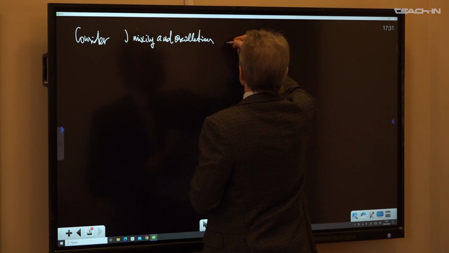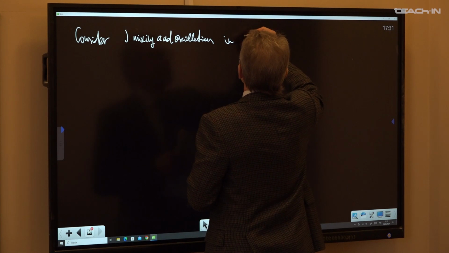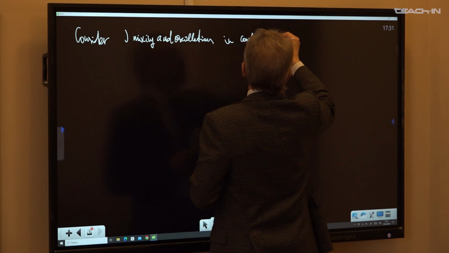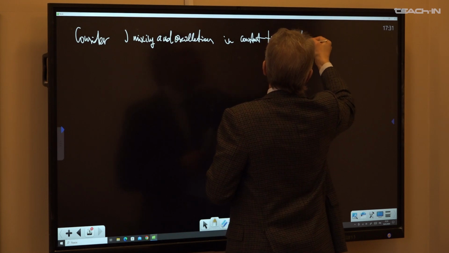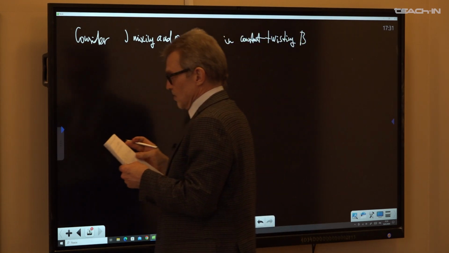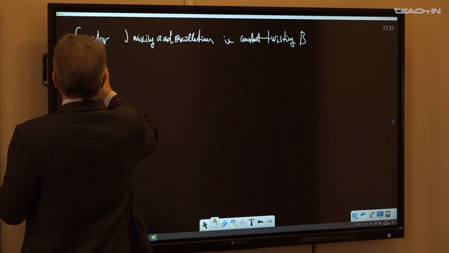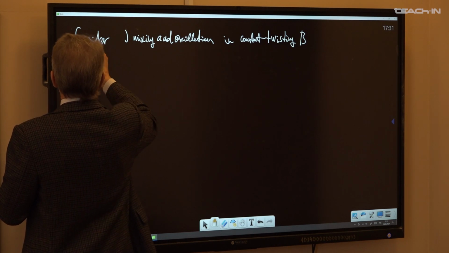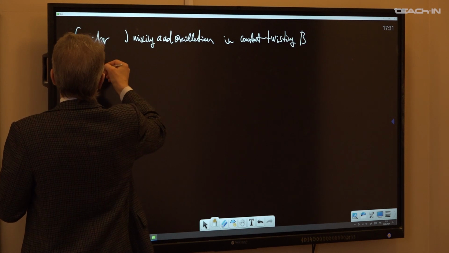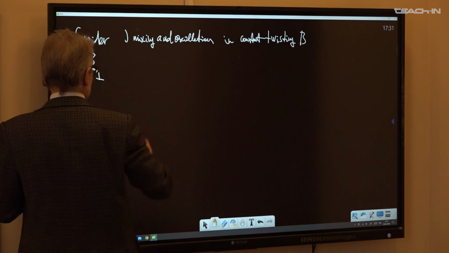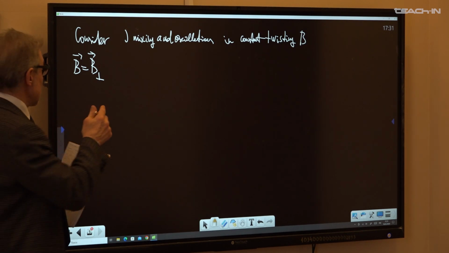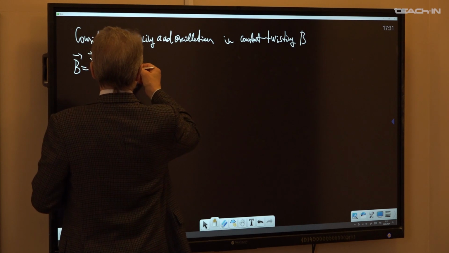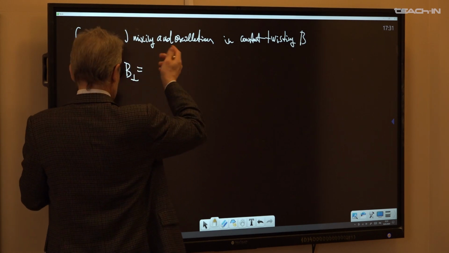So in the constant twisting magnetic field, what is it? This is a field that is constant and perpendicular in respect to neutrino propagation, and the effect of twisting is a rotation in space.